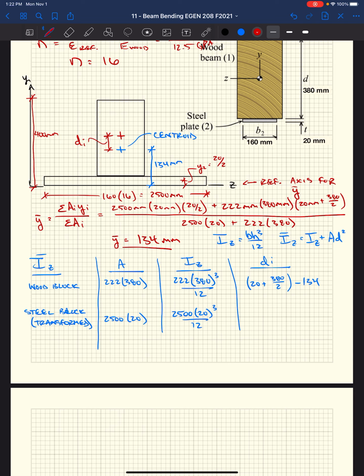That gives us our distance from the centroid of our block to the new centroid.